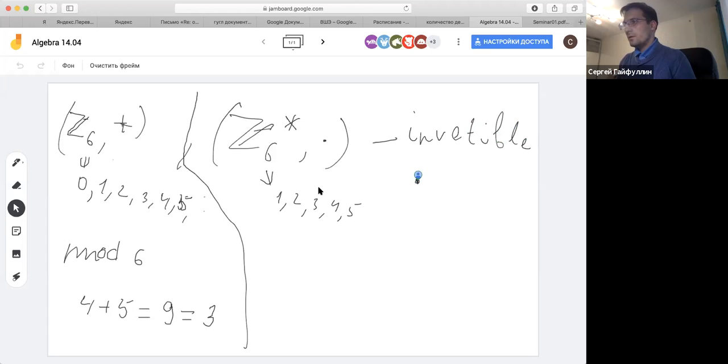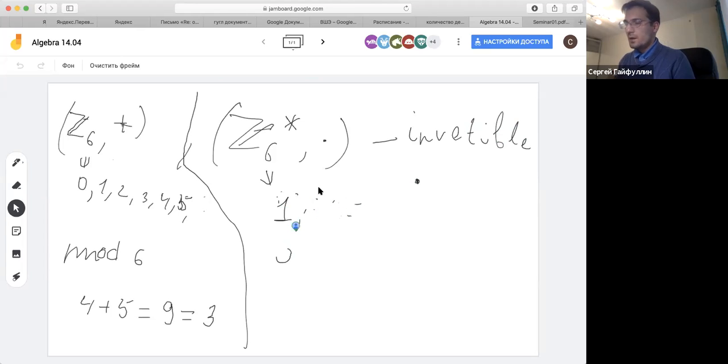If I try to, I'm sorry, Z star is not this. Let me erase. Because 6 is not a prime number, this star is just 1 and 5.